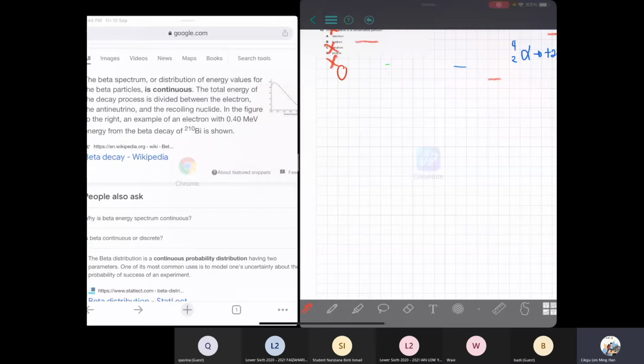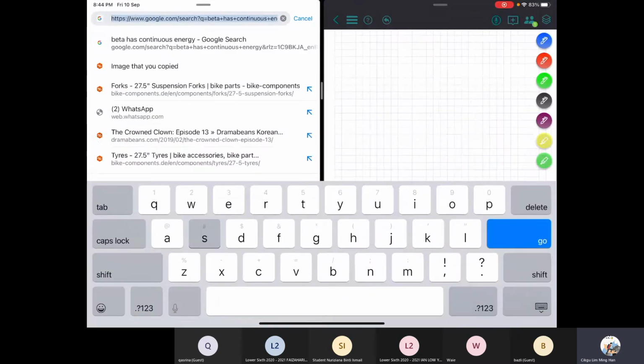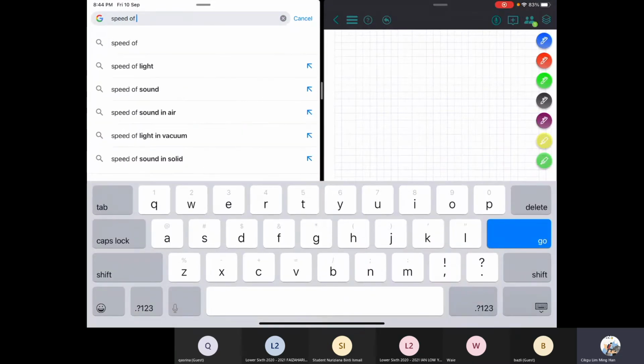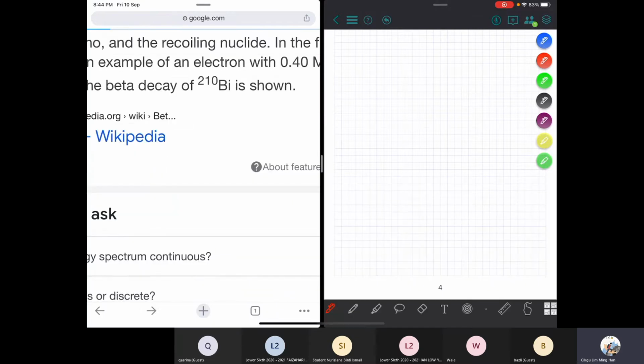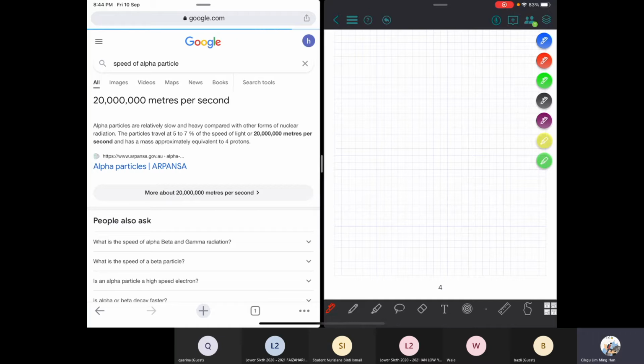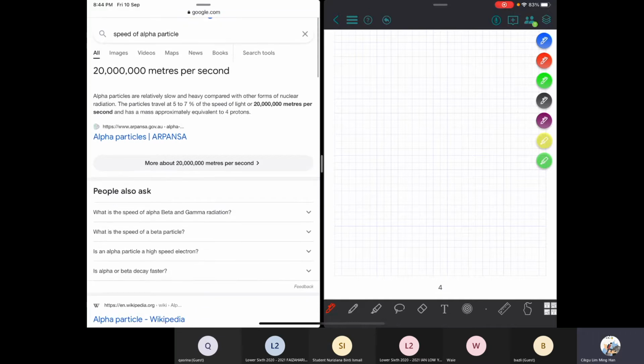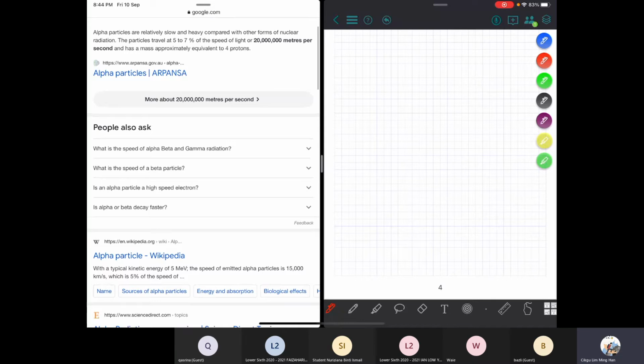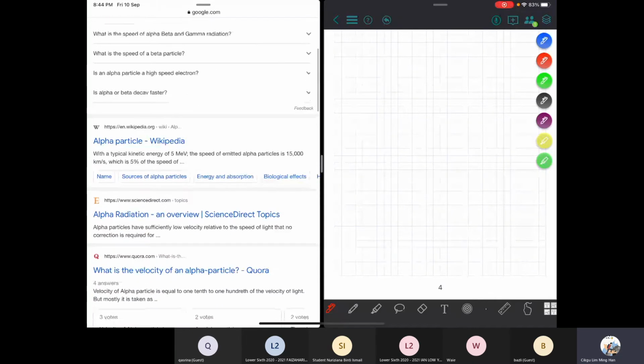Confirm here. Speed of alpha. Yeah, let's do the speed of alpha particle. Alright. So what is the speed of alpha? 5 to 10% speed of light.